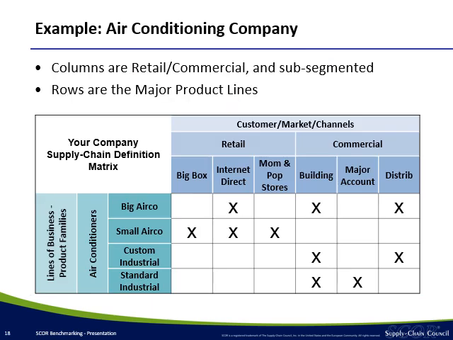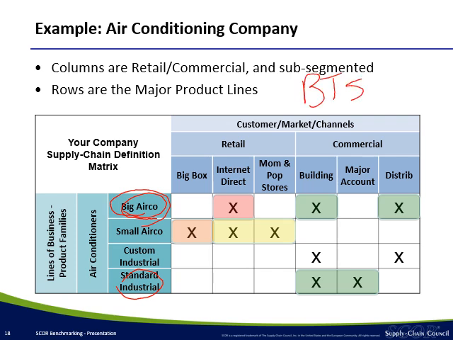Back to this one. Have a look at the standardized or standard industrial. Have a look at the big air conditions here. We find that the big air conditions are built to stock, and the standard industrial are also built to stock.